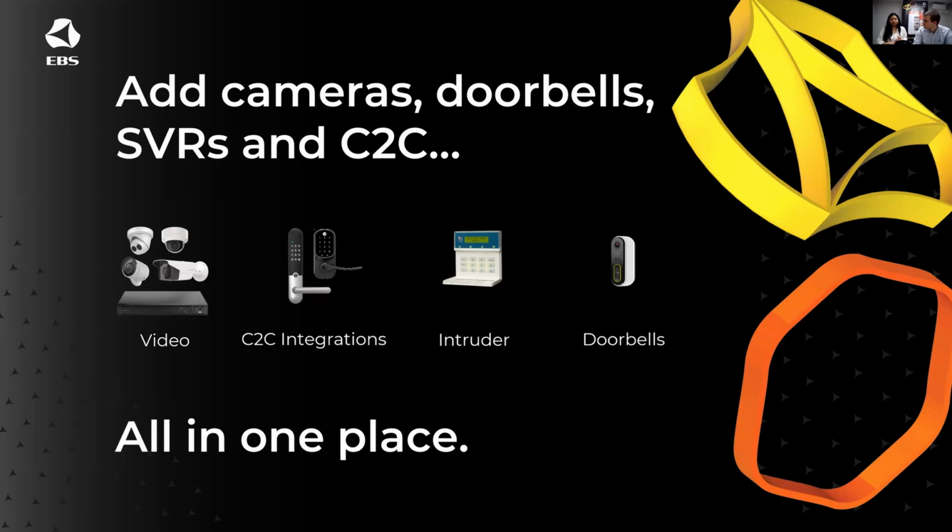Additionally, there is also the possibility with air conditioning, because that's also part of their C2C integration. And there's so much more. You can ask the alarm.com team, there are just so many to share. The point is that the user can use only one app for controlling all those devices.